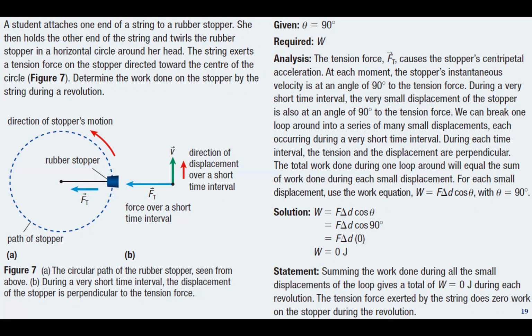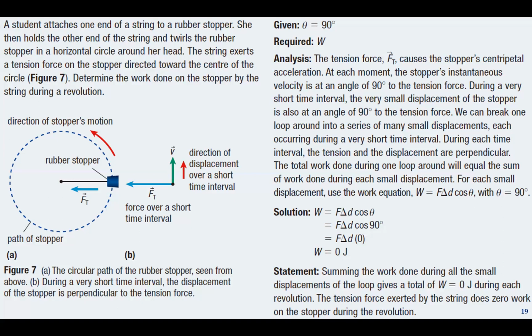The total work done during one loop around will equal the sum of the work done during each very small displacement. For each small displacement, you can use the work equation W equals F delta D cosine theta, with theta equals 90 degrees. Therefore, W is 0 joules.